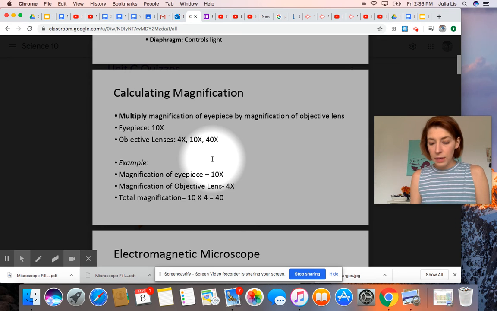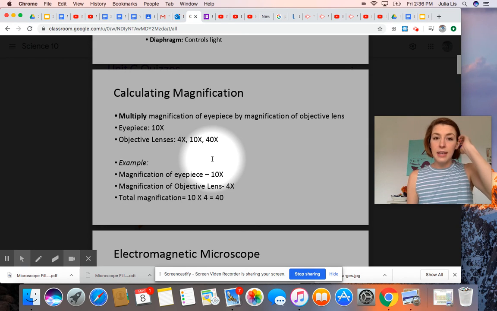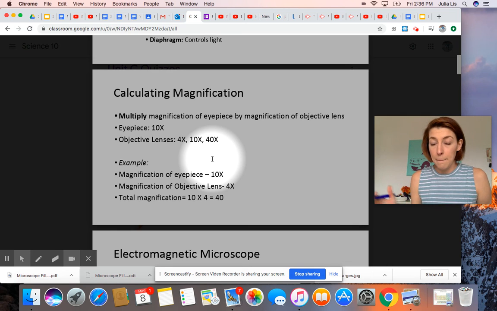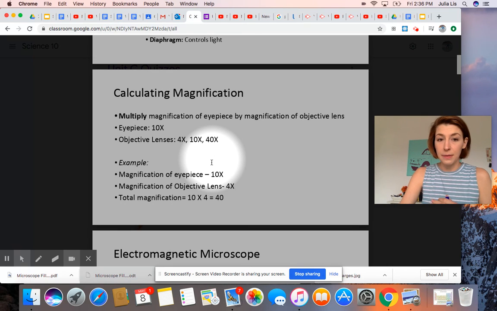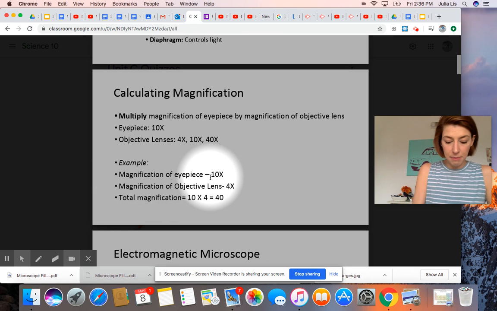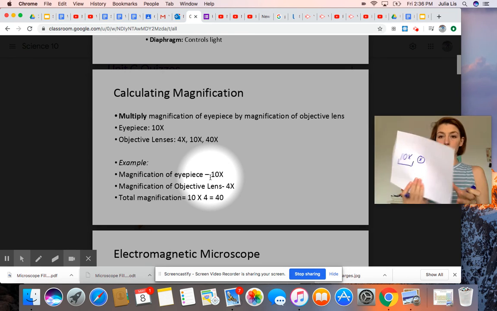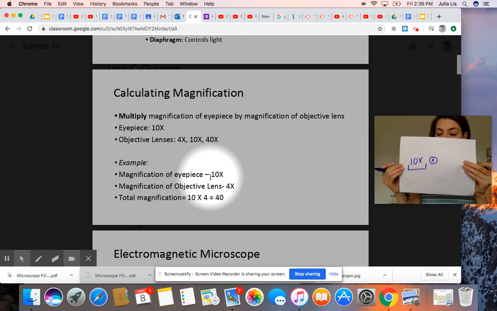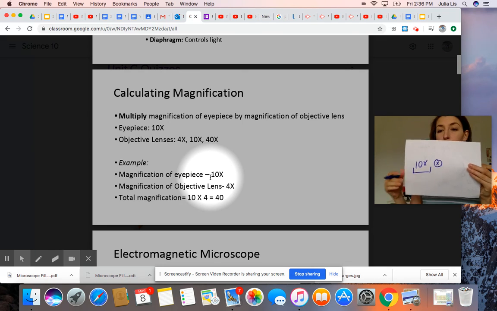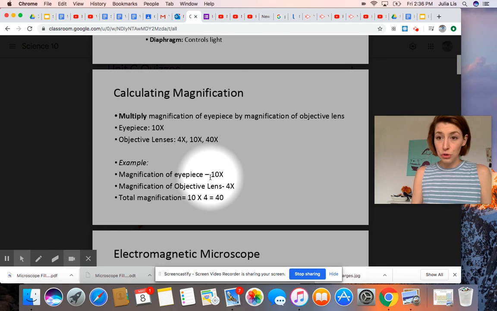Now, how we know what the overall magnification is, we just multiply those numbers together. So what you're going to do is you're going to take the magnification of the eyepiece, 10 times, and you're going to multiply it by whatever objective lens you choose. So let's say you use the first one.